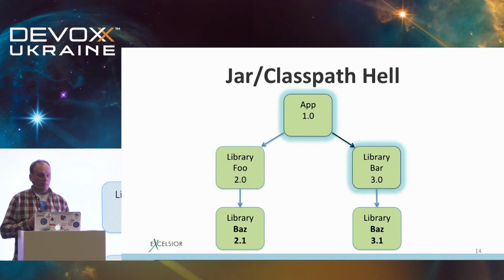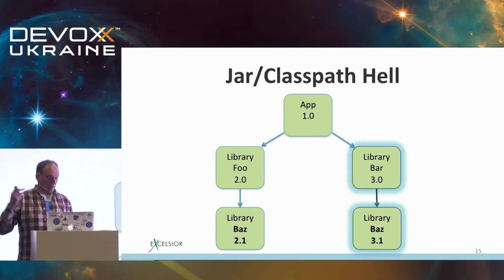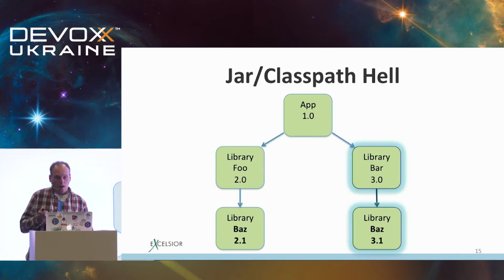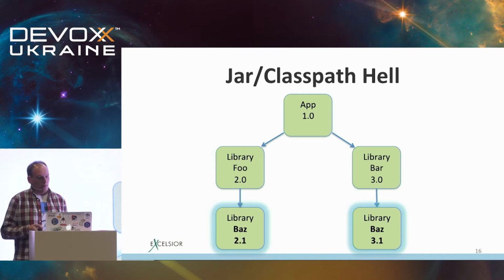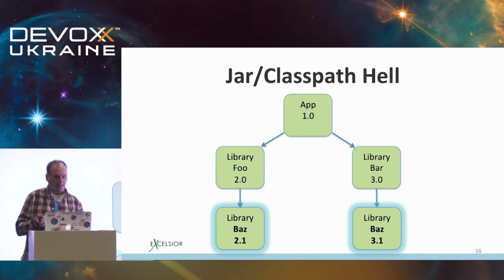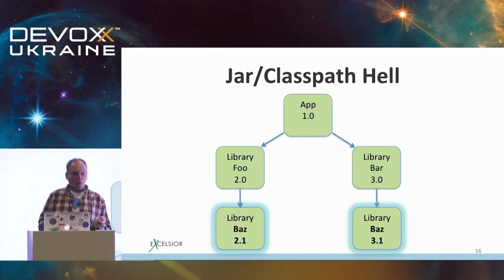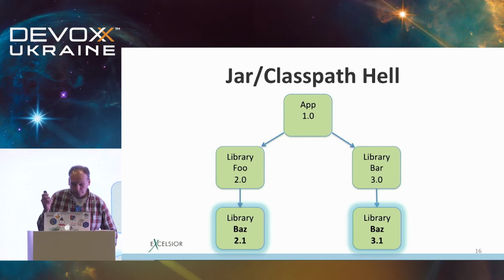At the same time, your app depends on a library bar that also depends on the library bus, but of a different version. If you put both versions on the class path, it becomes unclear which version would actually get loaded and whether your app would behave correctly after that. Most probably one version would partially overwrite the other, leading to unpredictable program behavior.